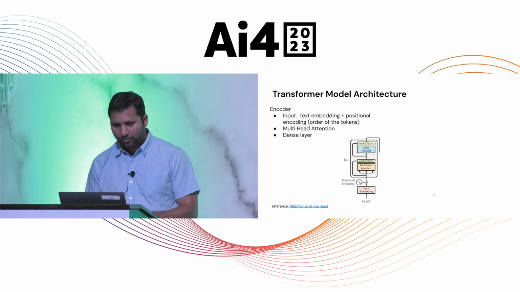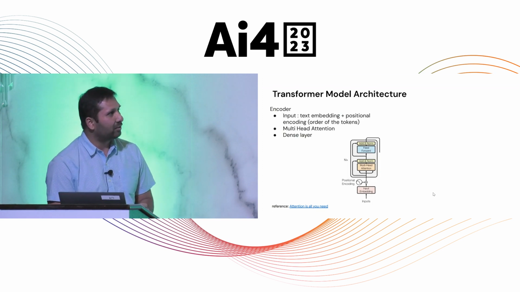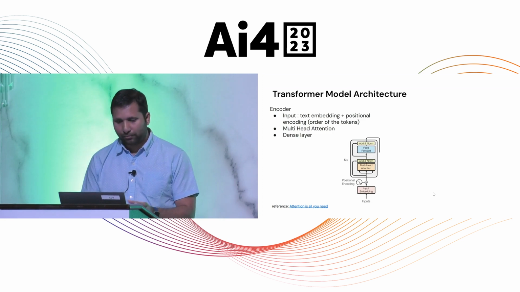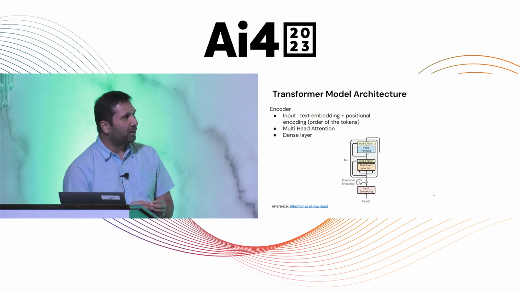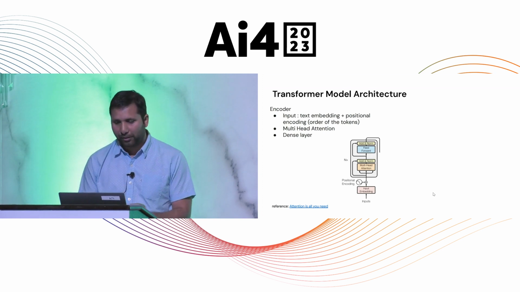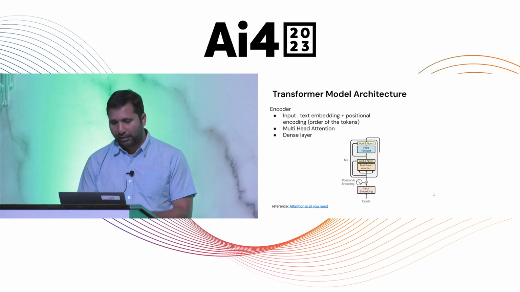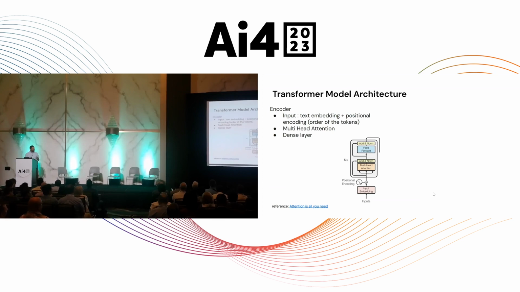We'll first look at the encoder side, and in the interest of time, I will not be going into the detailed mathematics, but just give an intuition behind the encoder architecture. So the idea is, you present the encoder with an input.